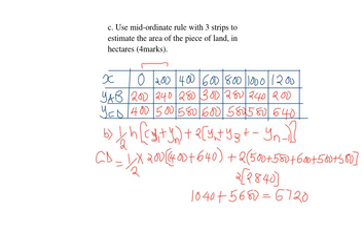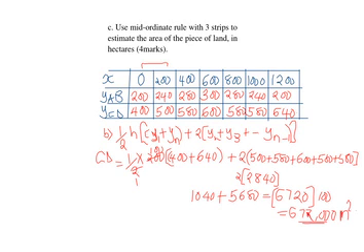Then we multiply this by 100, because we have by 2, 1 by 2 of 200. So multiplying this by 100 gives us 672,000. These are meters squared.